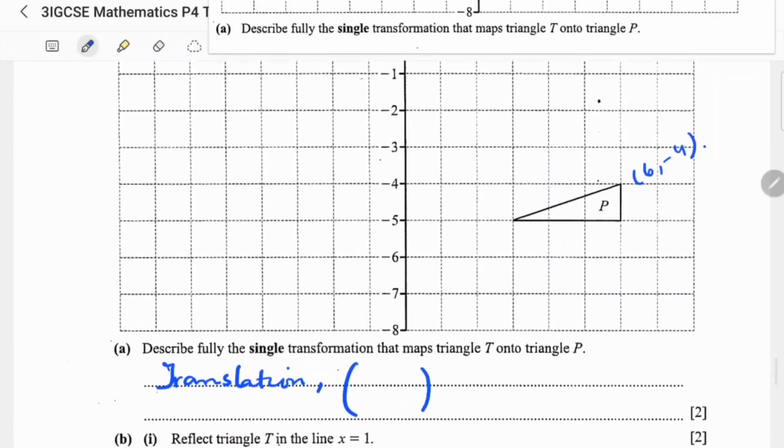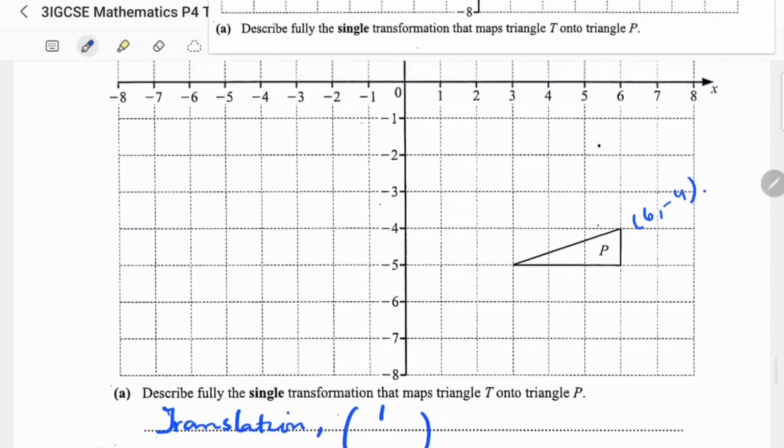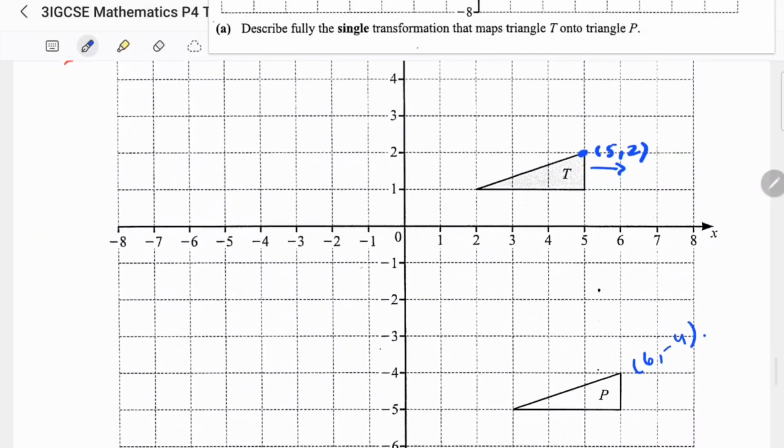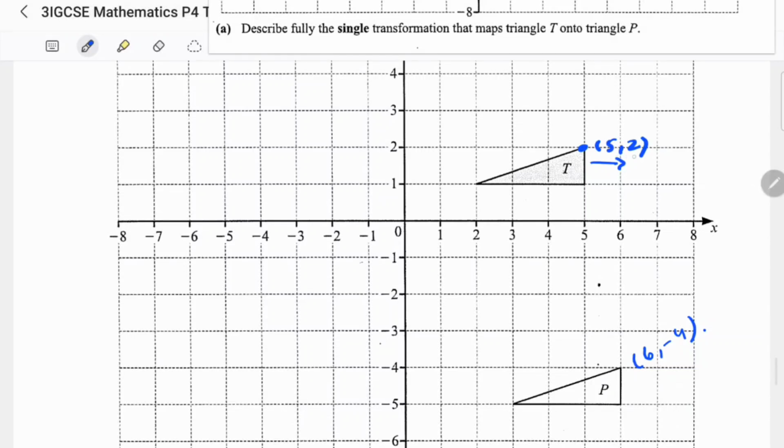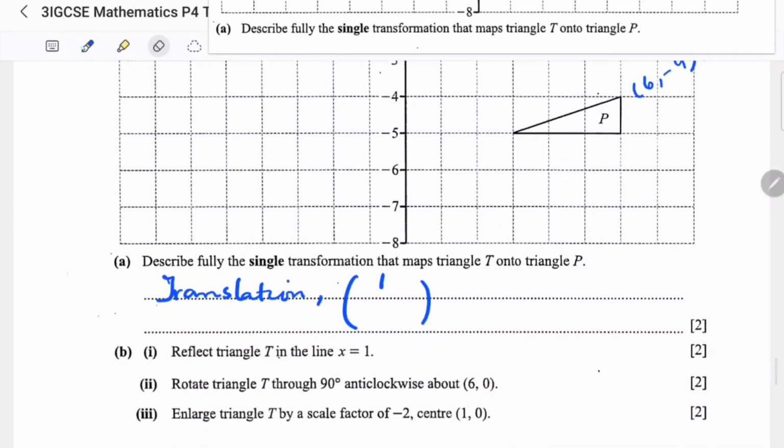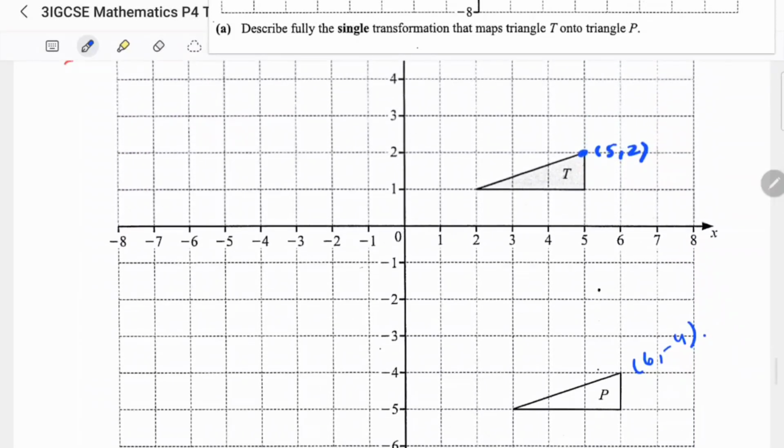So for x it is 1, and for y it moves down how many numbers? From 2 to 2 numbers here and 4 numbers here, it's minus 6. So 1, 2, 3, 4, 5 and 6. So that will become 1 and minus 6.